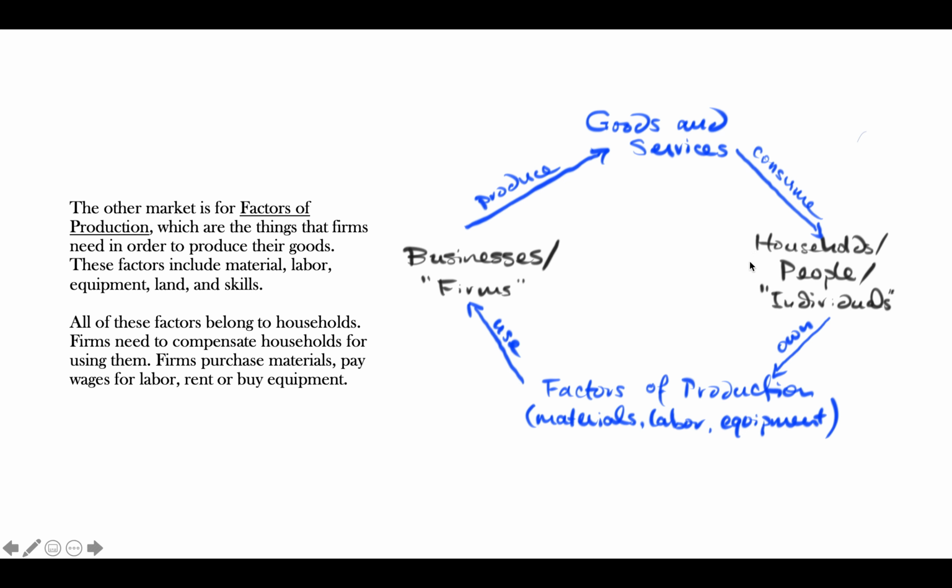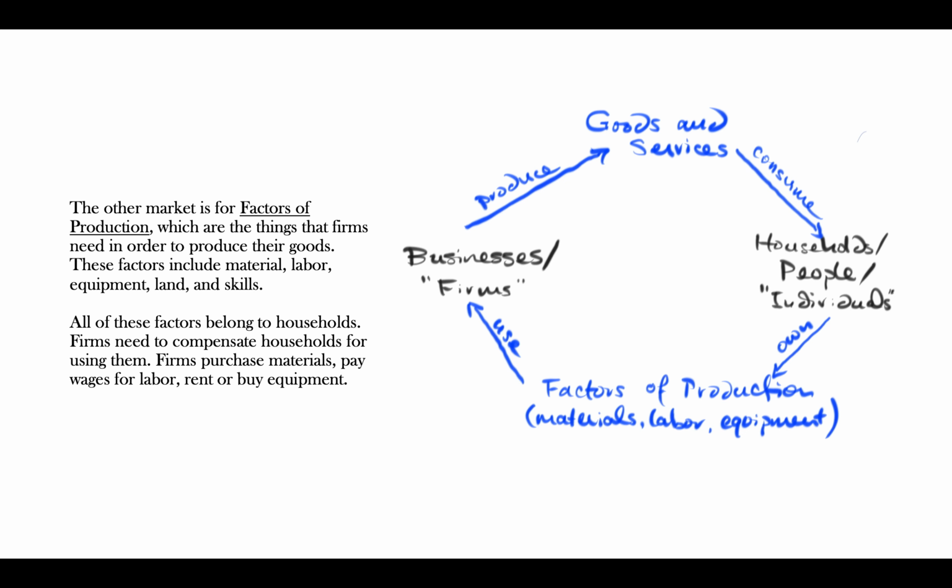Okay, all factors of production are owned by households. Again, all those inputs into making the bread belonged to someone. The baker owned the baker's time, and then the baker sold that time, that labor, to the bakery, and in exchange received some wages.